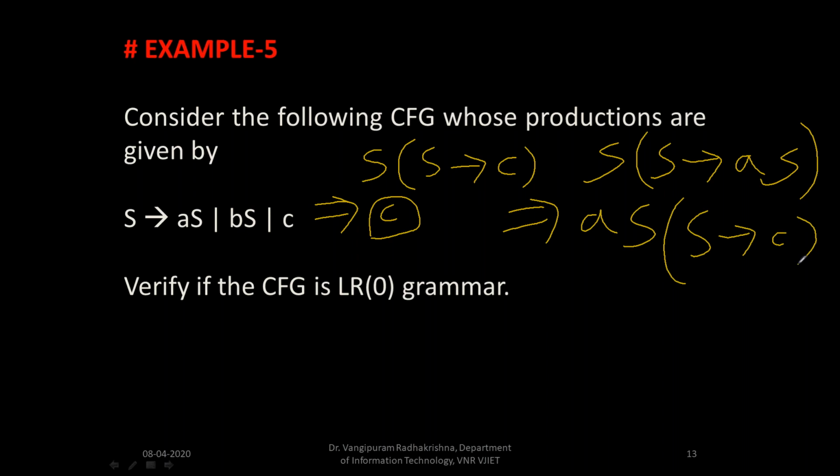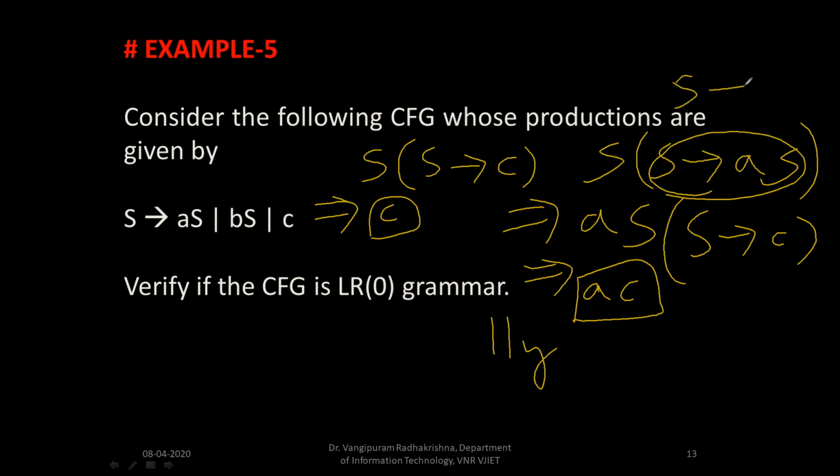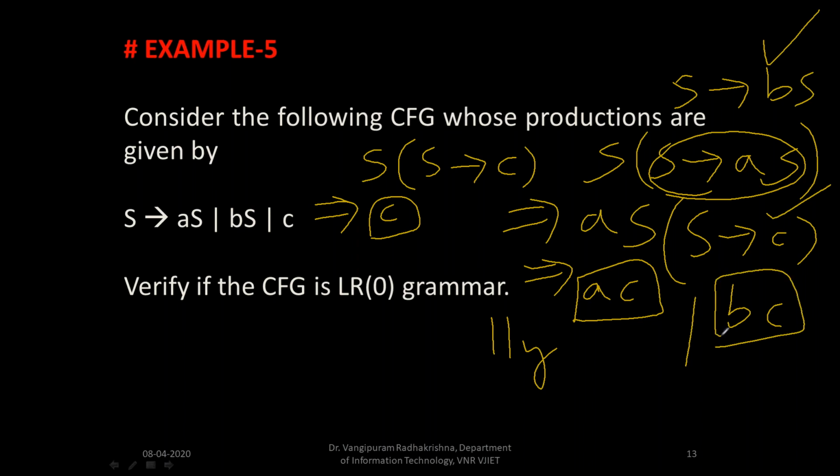Application of S derives C here would lead to the derivation of a string of the form AC, where it has two terminals. Similarly, instead of S derives AS, if you apply S derives BS, and then immediately apply the production of the form S derives C, we get a string of the form BC. So some of the things which are possible are C, then AC, BC, and so on.